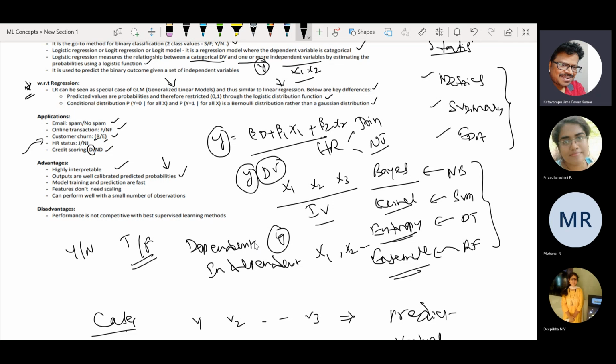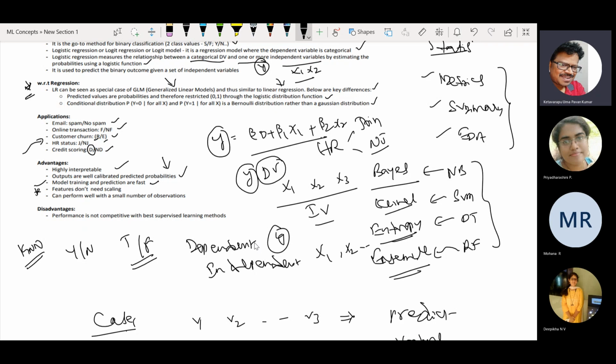And model training and predictions are fast. Friends, if you consider KNN, it is the fastest algorithm. And then, as we are talking about probabilistic values, logistic is also very easy to implement and faster also. Now, this has some comments, friends.